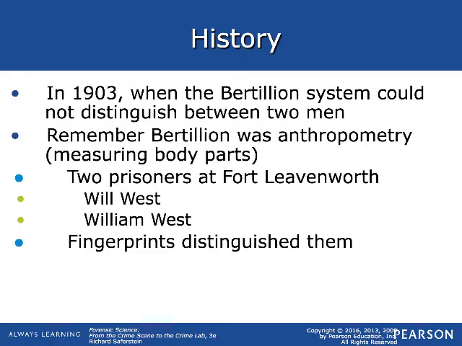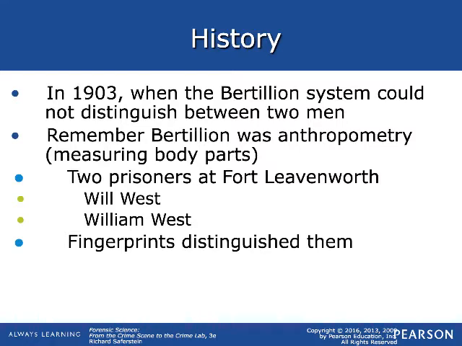So in 1903, if you remember from chapter 1, we talked about the Bertillon system. Remember, he did anthropometry, where you would measure all the body parts, and he believed that you could distinguish between two people based on their physical characteristics, like how long their arms were, their hair color, all that kind of stuff.